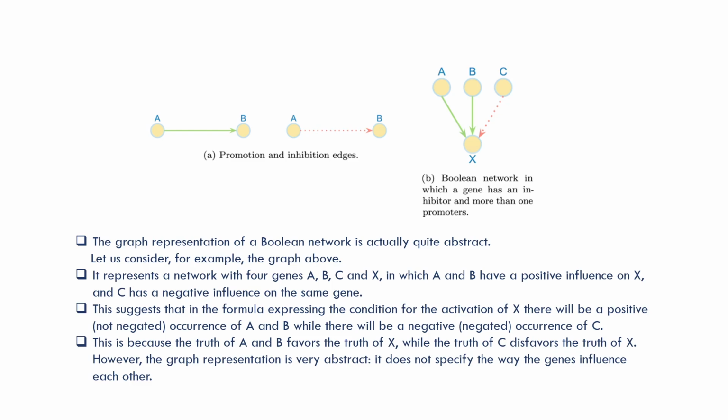This is because the truth of A and B favors the truth of X, while the truth of C disfavors the truth of X.